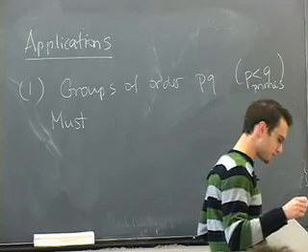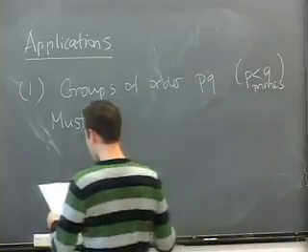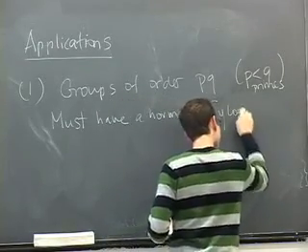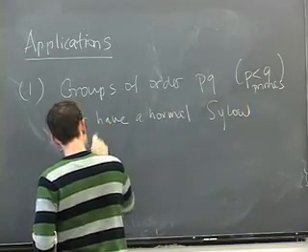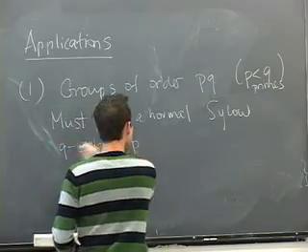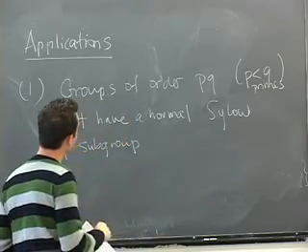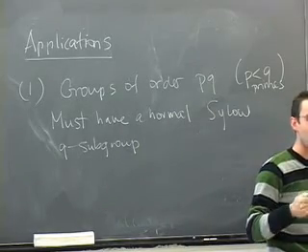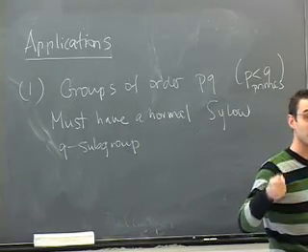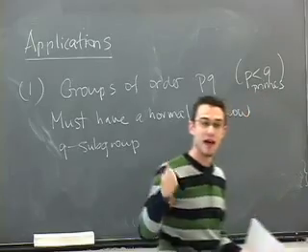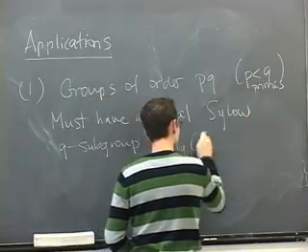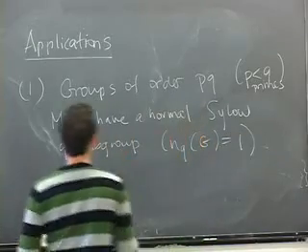So we must have a normal Sylow q subgroup, because the number of Sylow q subgroups must be 1 or p, but it also must be congruent to 1 mod q. And since q is larger than p, that automatically guarantees that n_q(G) is 1.